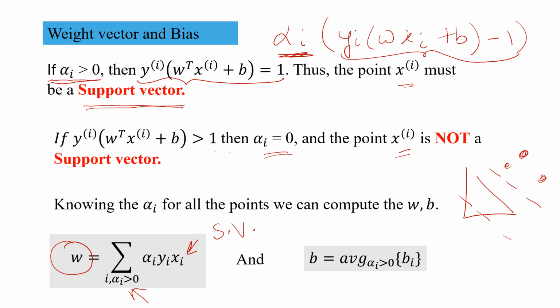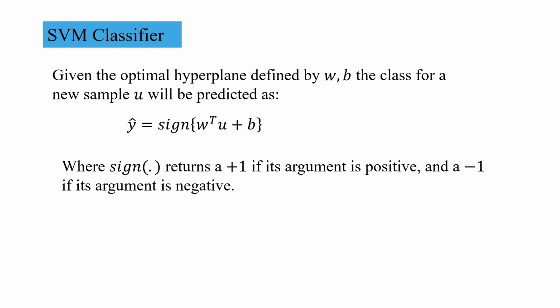So we get the w, and b is obtained by the average value of all these b i's for each alpha i which is non-zero, or which belongs to a support vector. So we have now obtained the w and b. Now, what is the SVM classifier which we get, having computed w and b?